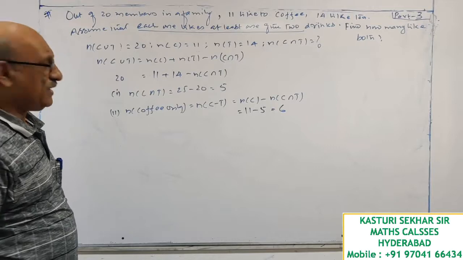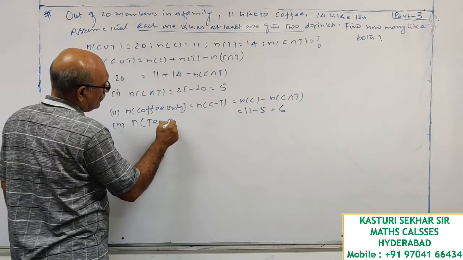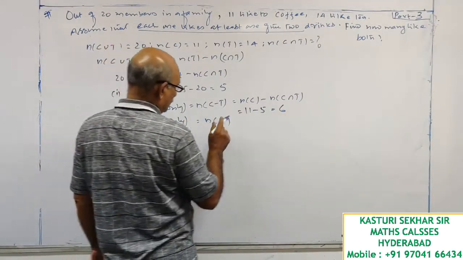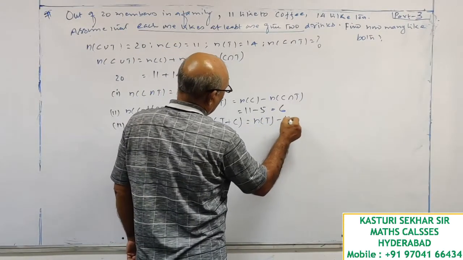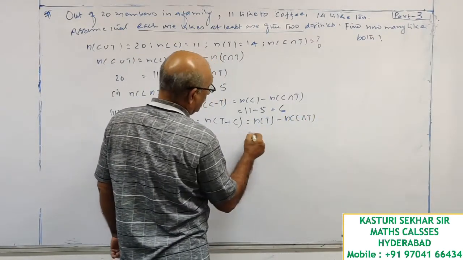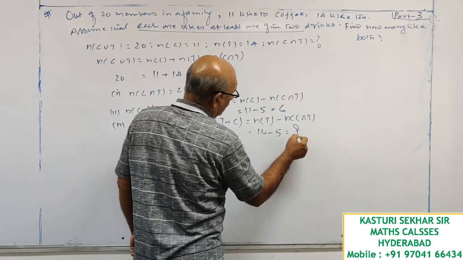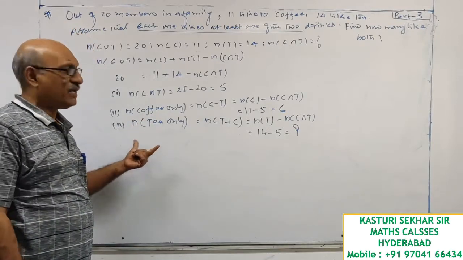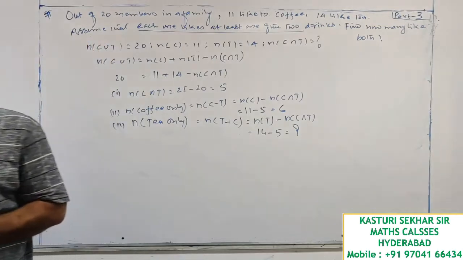Only 6 like coffee. Third one, n of T only. N of T minus C. So n of T minus n of C intersection T. N of T 14 minus 5. This is 9. So these two parts are added from my side, just for practice.